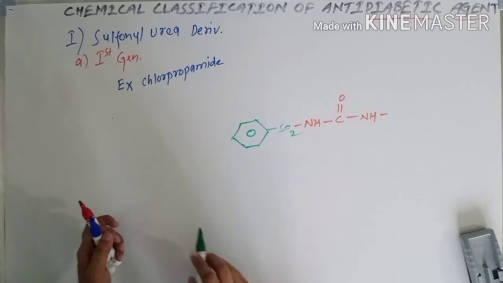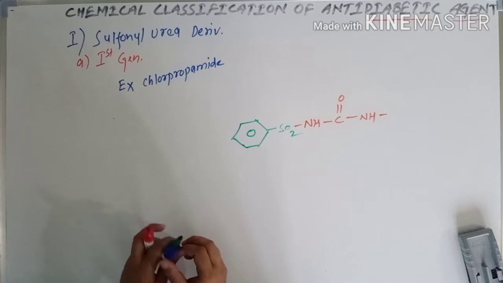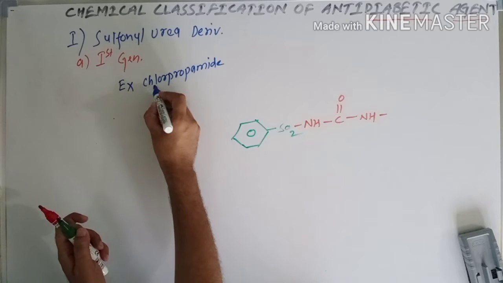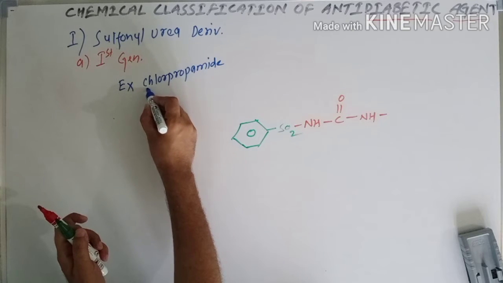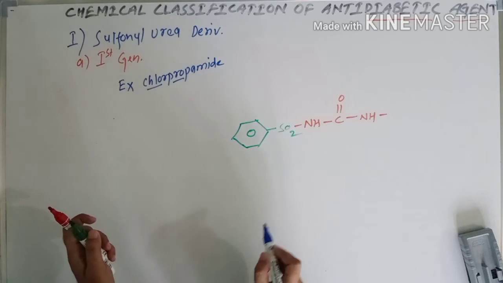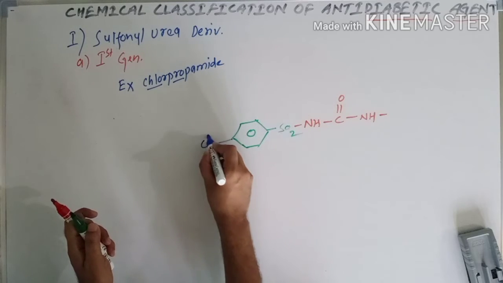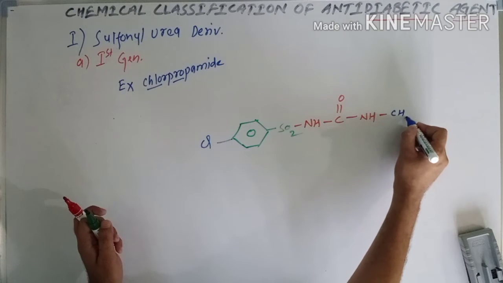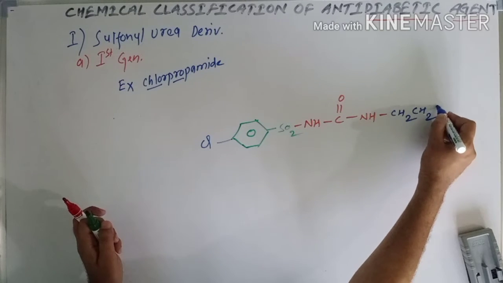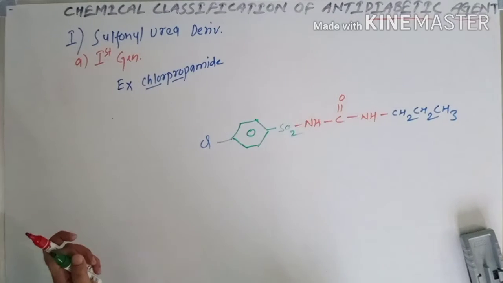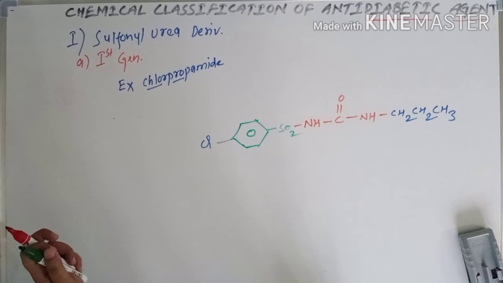The information we get from the name is chlor and propa. Chlor means chlorine and propa means propyl group is there. So here your chlorine and here your propyl group. In this way you can memorize the structure of chloropropamide.